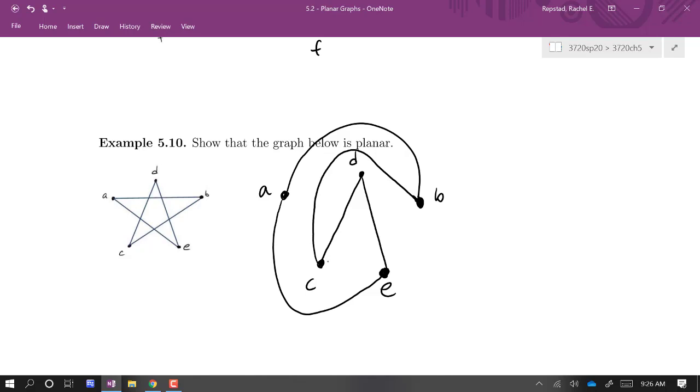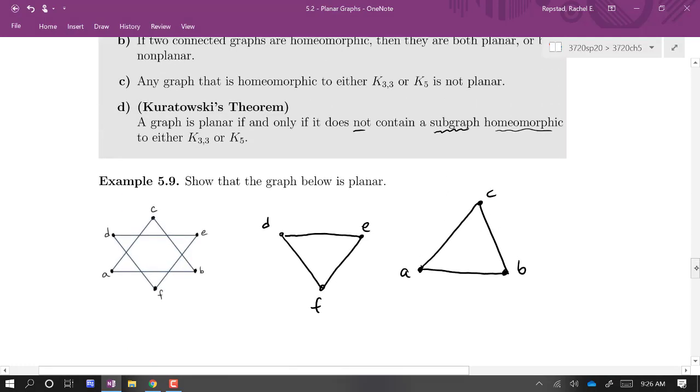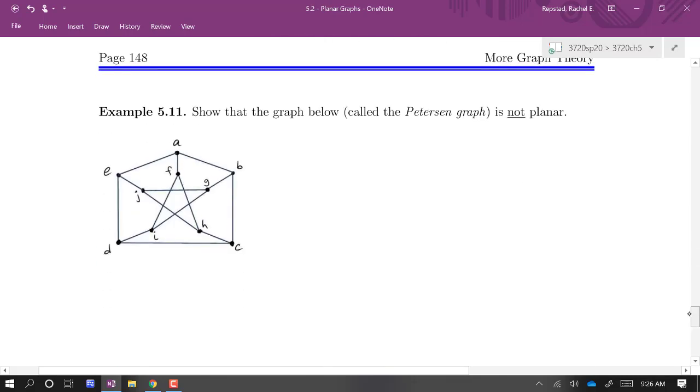But Kuratowski's theorem helps, which means if we want to show that a graph is non-planar, one of the things we could do is just identify a subgraph and show that that subgraph is either homeomorphic to K33 or homeomorphic to K5. And that's what we're going to do in this last example.